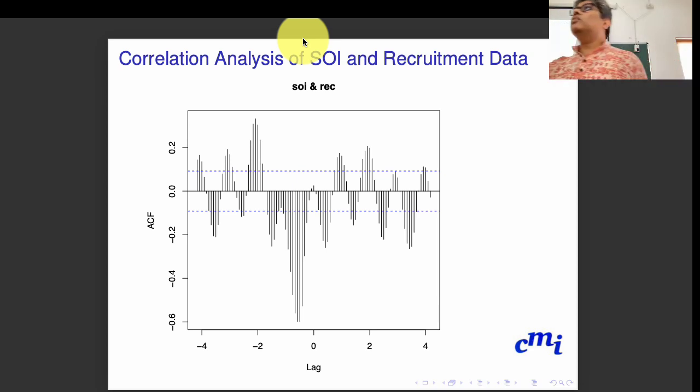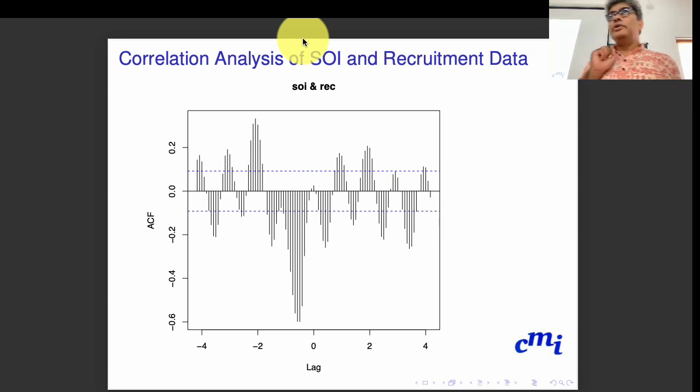This is what I want to figure out. If we find that the Southern Oscillation Index is affecting the fish population, then we may have something in our hands.